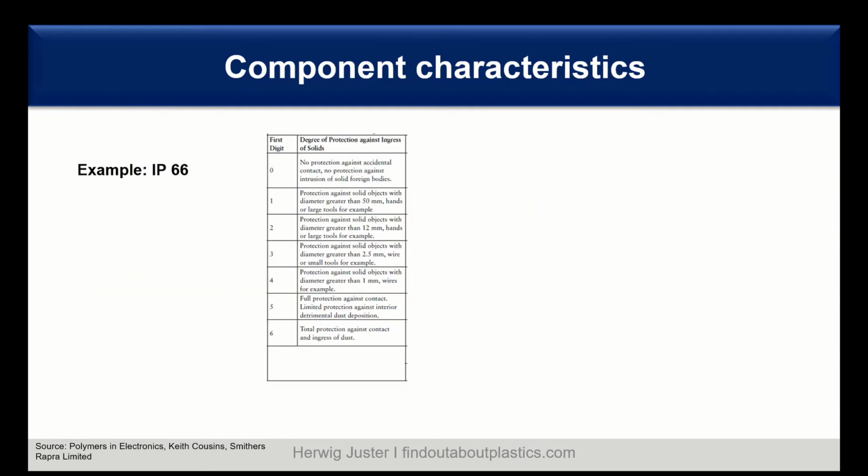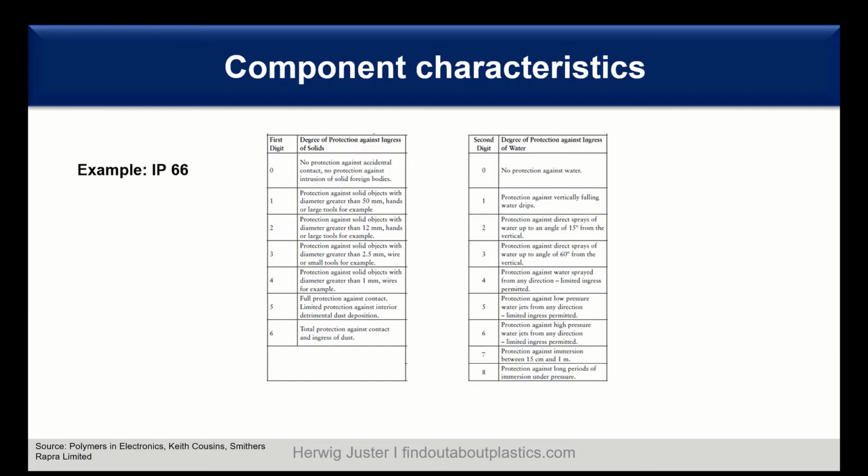For example, here is a table of the different IP levels. So in particular the first digit. And then here we have the second digit table. So when we take now example IP protection 66 means when we go here now in the table 1 on the 6th, that means we need total protection against contact and ingress of dust.